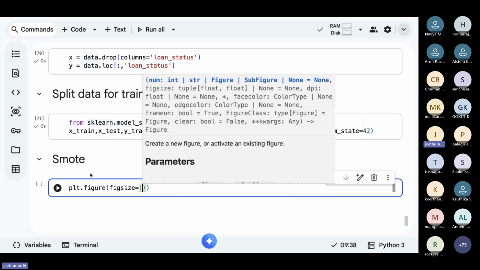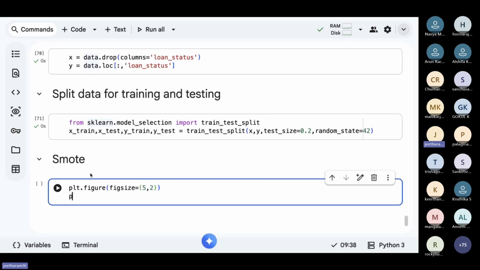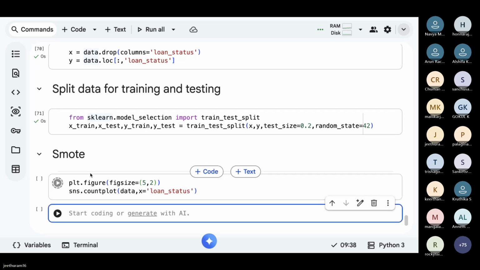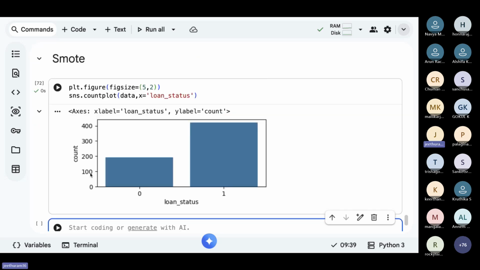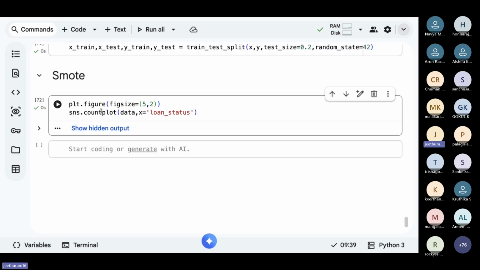So plt.figure with figsize equals 5, 2, and then sns.countplot with data, x equals loan status. It's highly imbalanced, so we need to balance it. For that, we need to implement the SMOTE technique. Use SMOTE in order to balance your data.